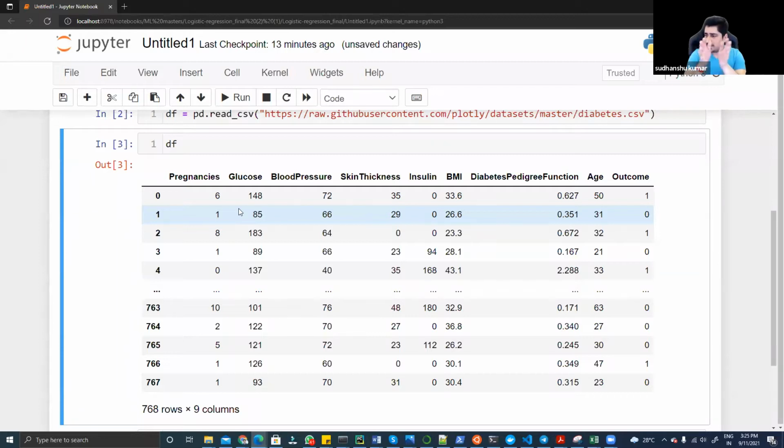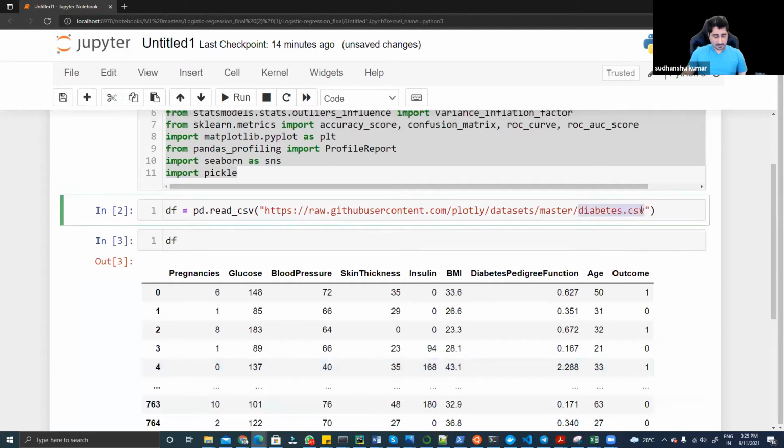So fine, this is a very straightforward data set, and we can just look into it and try to understand this particular data set. If we are expecting more definitions, more detailed descriptions of this data set, we can get them easily.